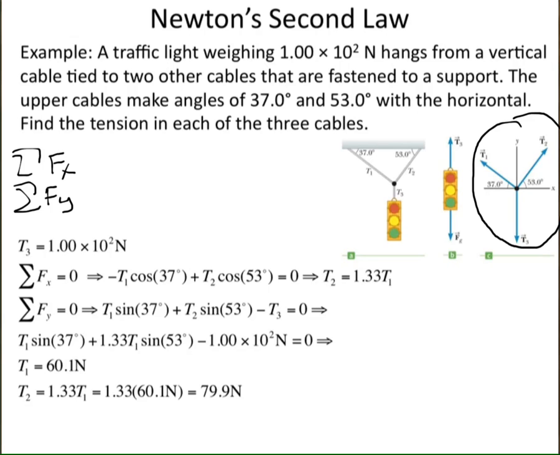And these components are, for T1, the magnitude of T1 times cosine 37 degrees, but it's minus because the component is in the negative x direction. On the other hand, the T2 component is in the positive x direction, and it is T2 times cosine 53.